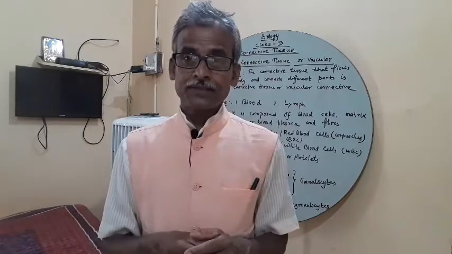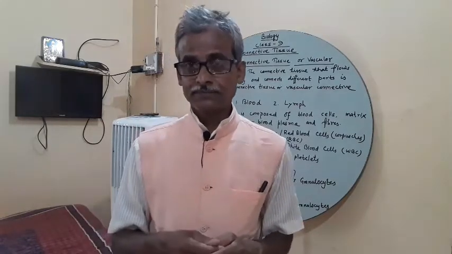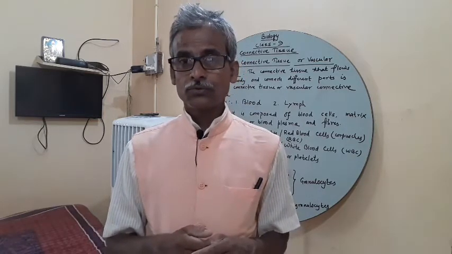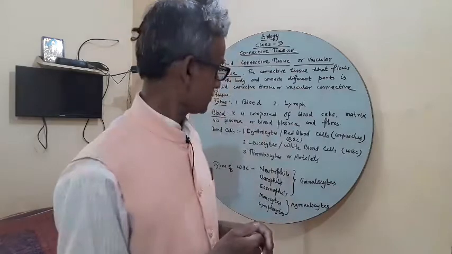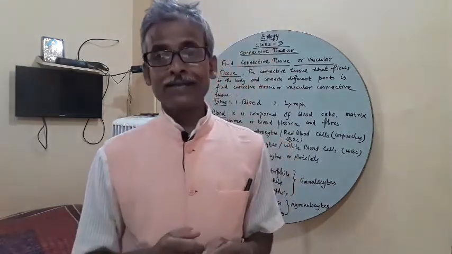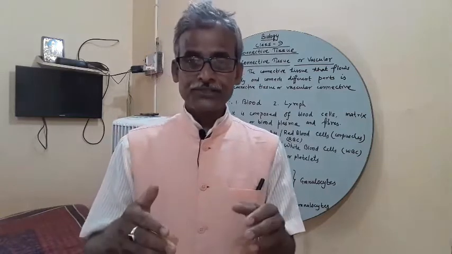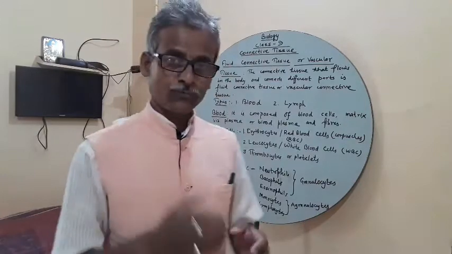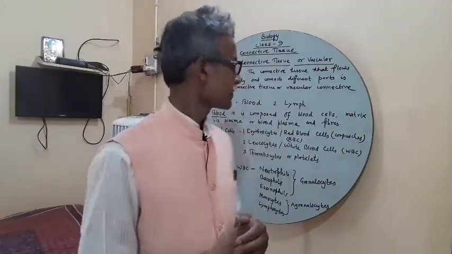In this matrix, there are some fibers, like prothrombin and fibrinogen, which change into thrombin and fibrin when the blood is to clot.